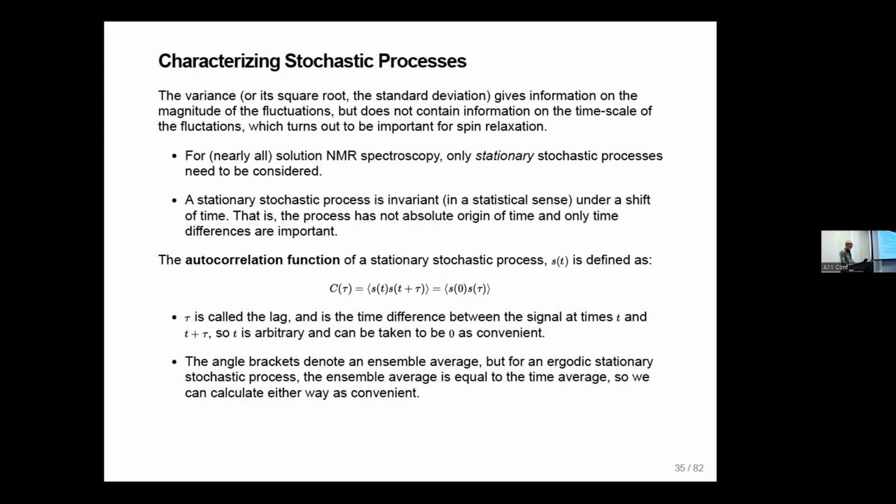A stationary process is one that doesn't have an absolute origin of time. If you think about your molecules diffusing around in an NMR tube during an NMR experiment, you don't think that there's an absolute origin of time. You think mostly I can put the sample in the NMR spectrometer and go have a cup of coffee and come back and start my experiment.